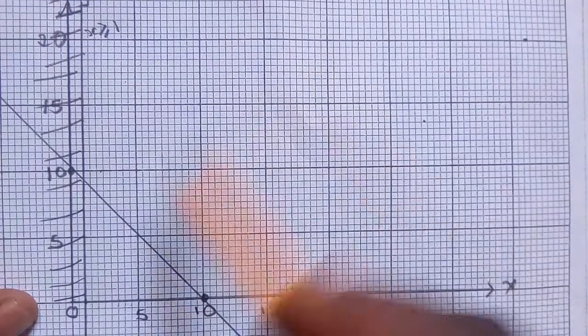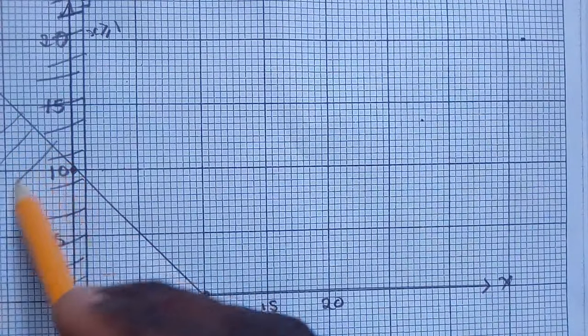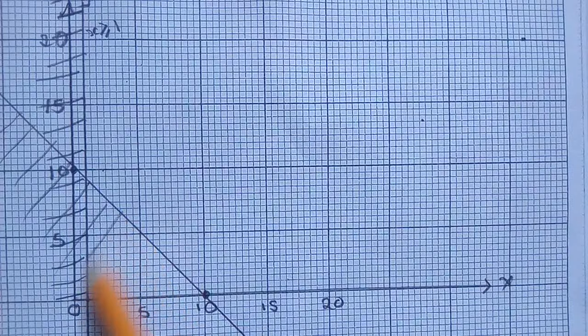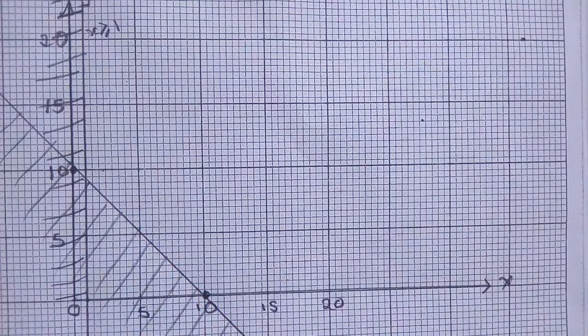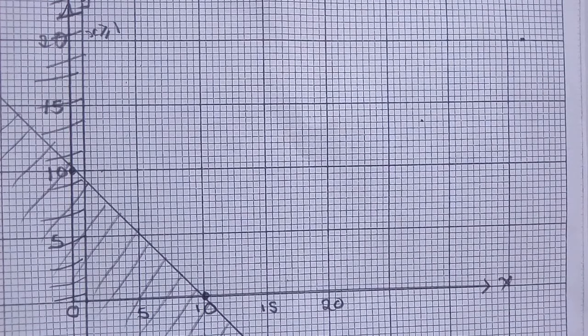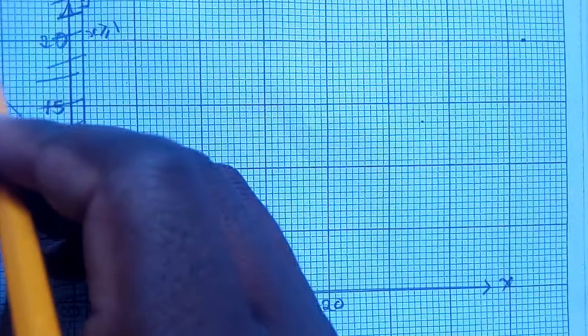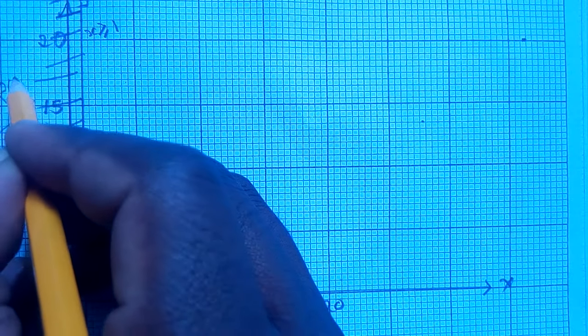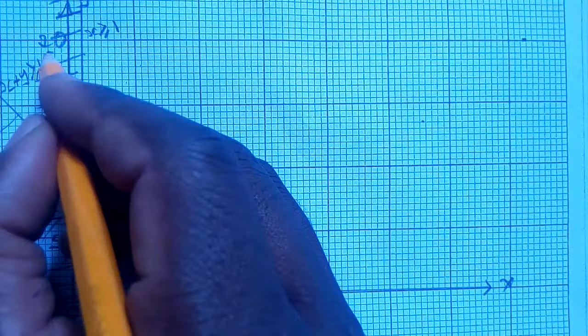So the top part is the wanted part. The unwanted part is the bottom. We're done with that one. We go to the other one. So even write, don't forget to write the inequalities. So this is x plus y is less or equal to 10.